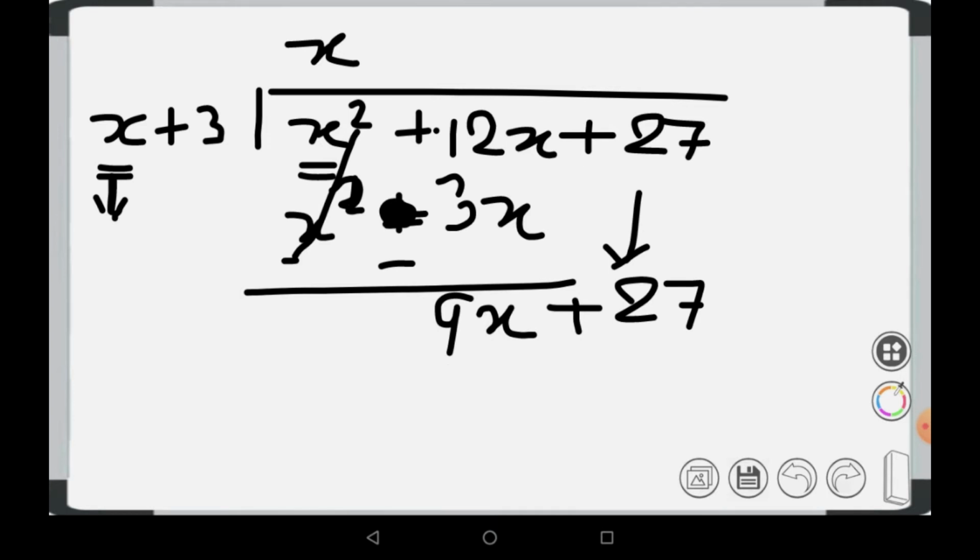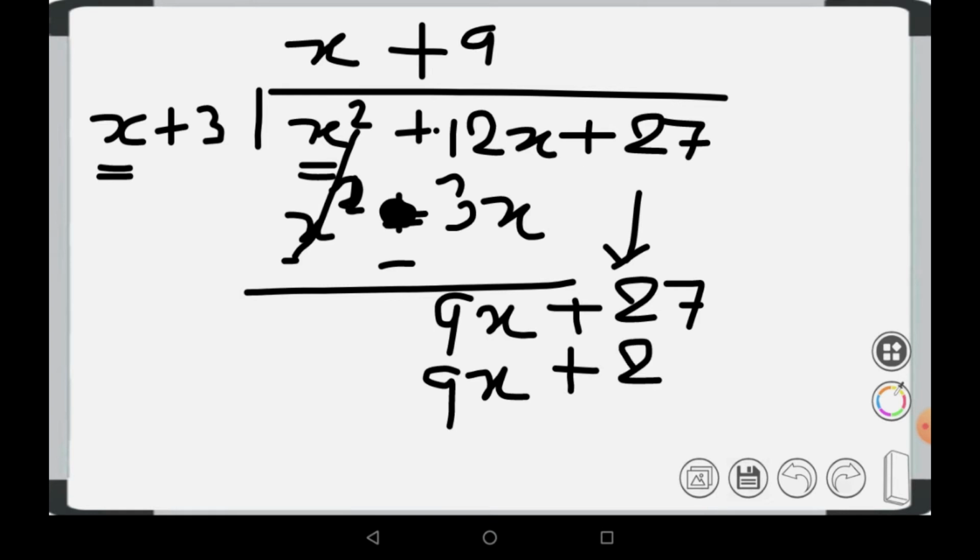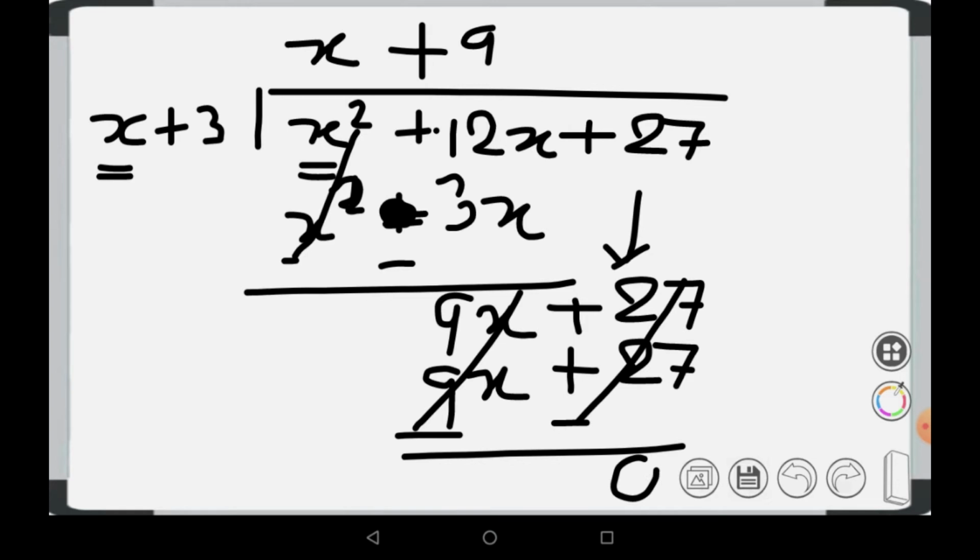So again we multiply with 9, plus, because the sign of this 9 is positive, so plus 9. 9 into x we get 9x. 9 into 3 will get 27. We change the sign, plus becomes minus, plus becomes minus. 9x minus 9x gets cancelled. 27 minus 27 gets cancelled, so the remainder is 0.